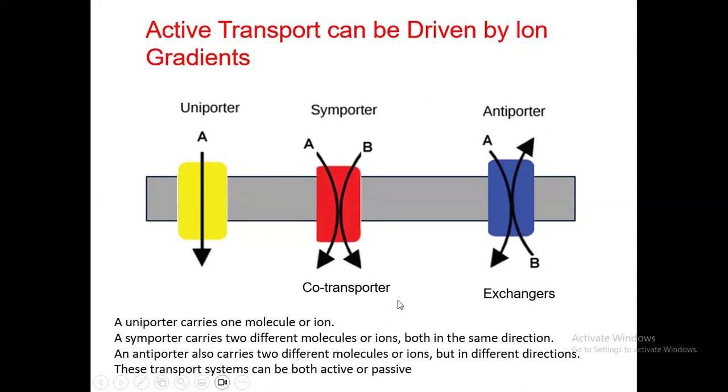These are also known as co-transporters. Then we also have antiporters or exchangers that carry two different molecules or ions but in opposite directions. These types of transport systems can be present in both active as well as passive transport.